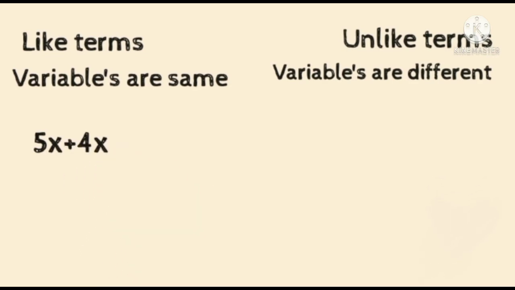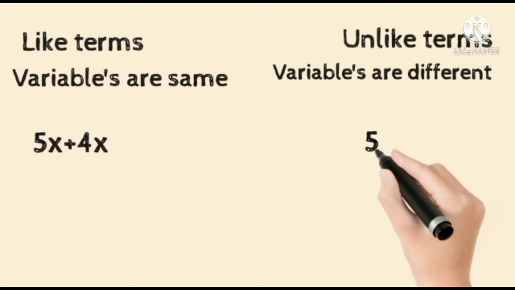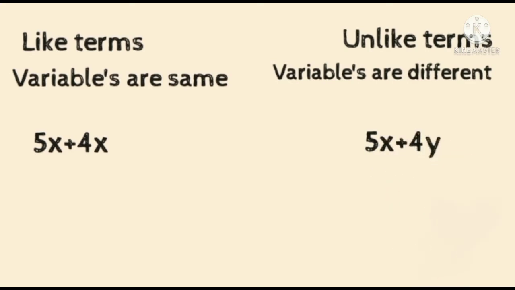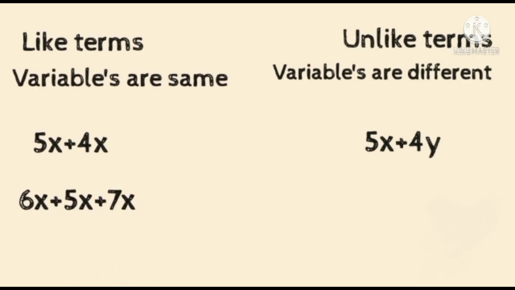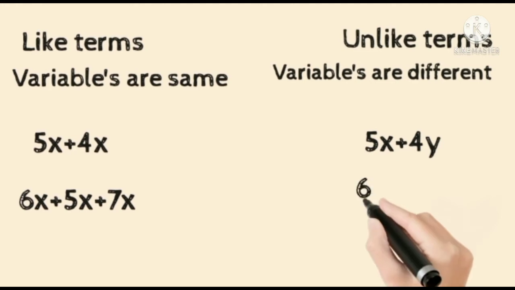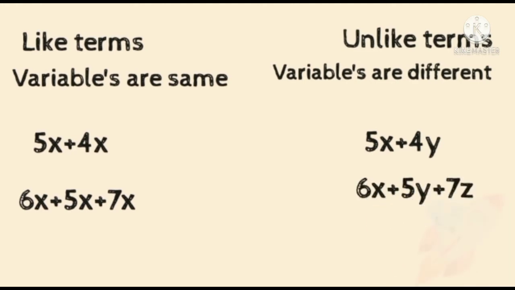You can see both the terms have the same variable. Next, you have 5x plus 4y. You can see both the terms have different variables, making it unlike. Next, we'll take the example of three terms, 6x plus 5x plus 7x. You have all the three terms with the same variables. Next, 6x plus 5y plus 7z, making all the variables different.